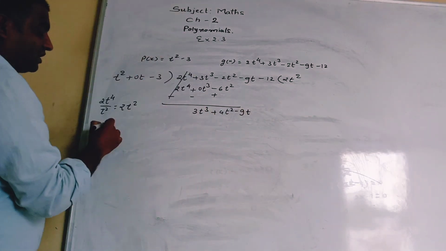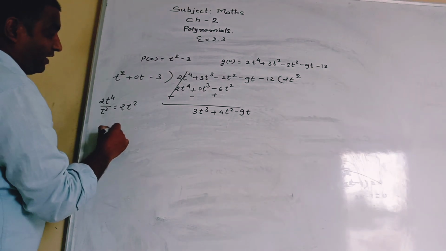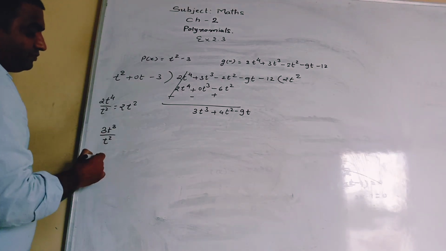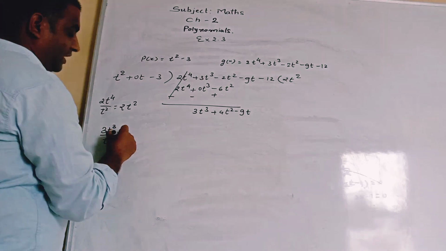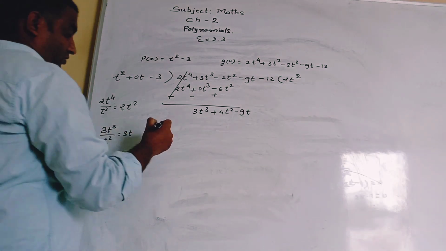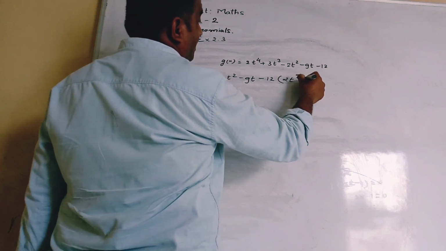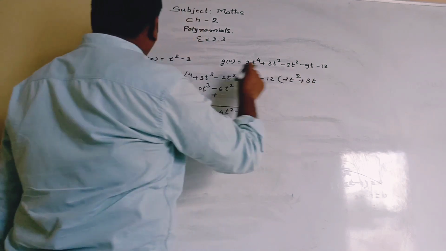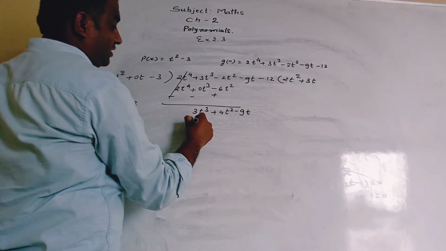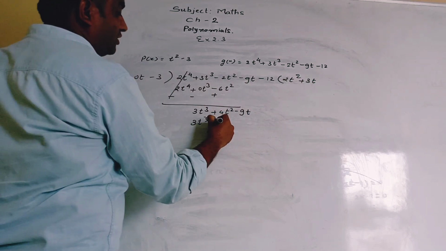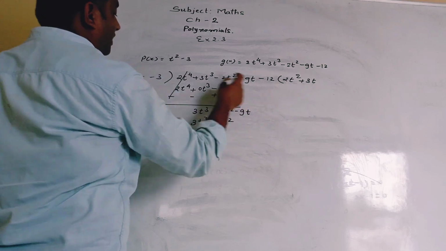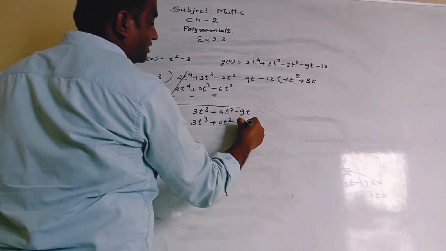Again the leading term is 3t cube divided by t square, and 3 minus 2 is power 1, so 3t. The quotient will be plus 3t. Now 3t multiplied by t square is 3t cube, 3t multiplied by 0t is 0t square, and 3t multiplied by minus 3 is minus 9t.